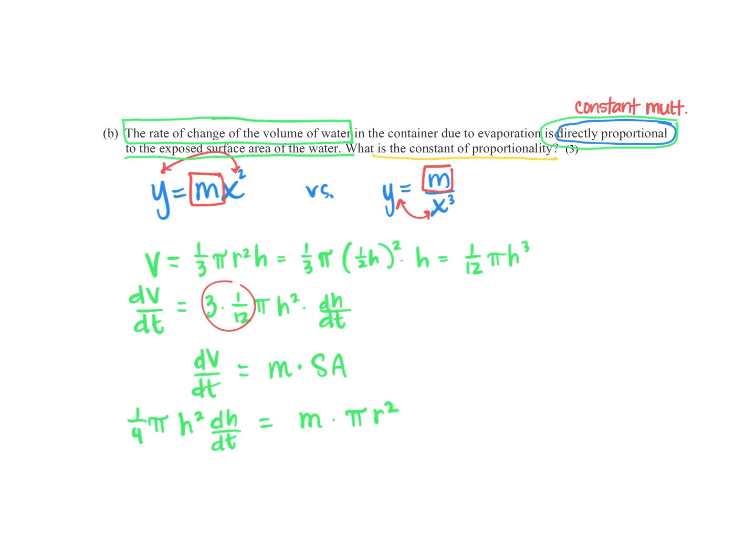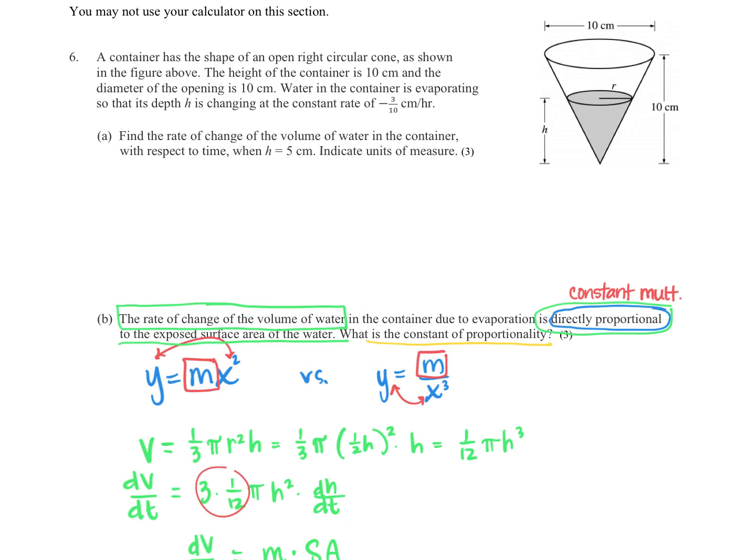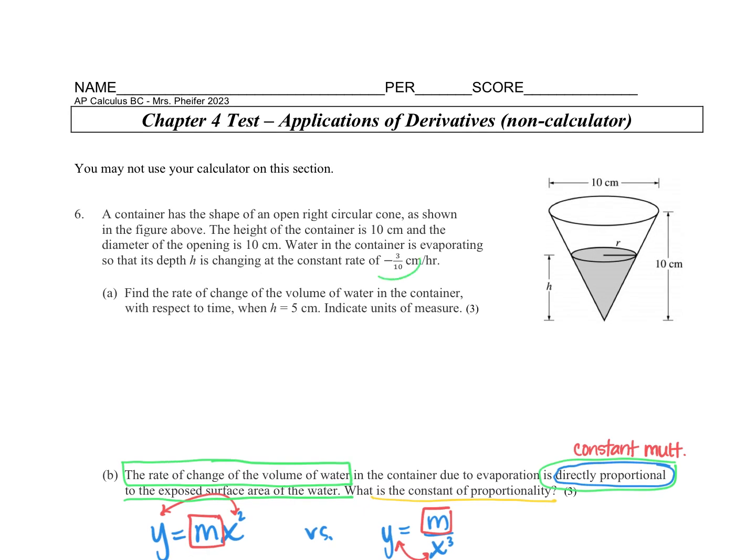Our goal now is to figure out what m is. So we're going to plug in everything we know and see if we can figure out what m is. We've got 1/4 pi. h we know is equal to 2r, so we can plug that in. dh/dt is something that was given to us back up here, negative 3/10.